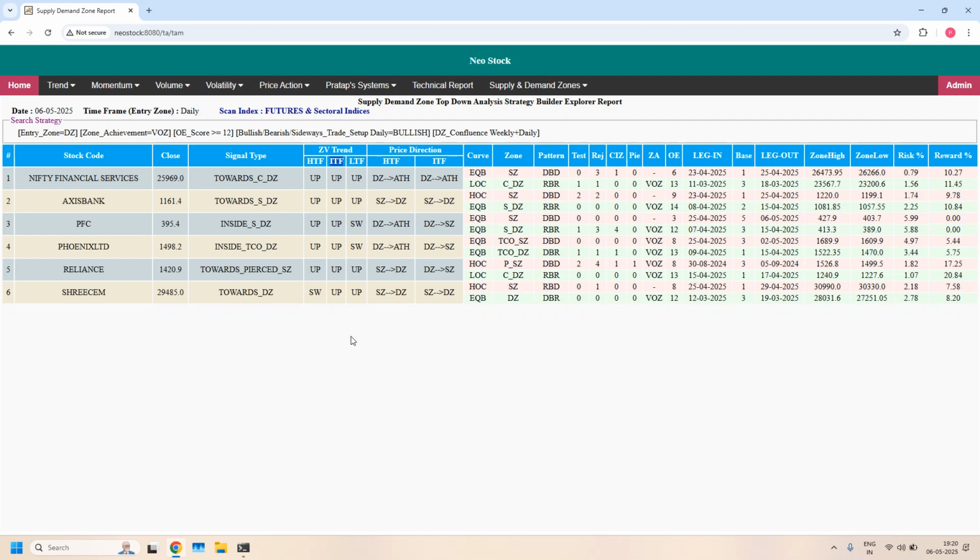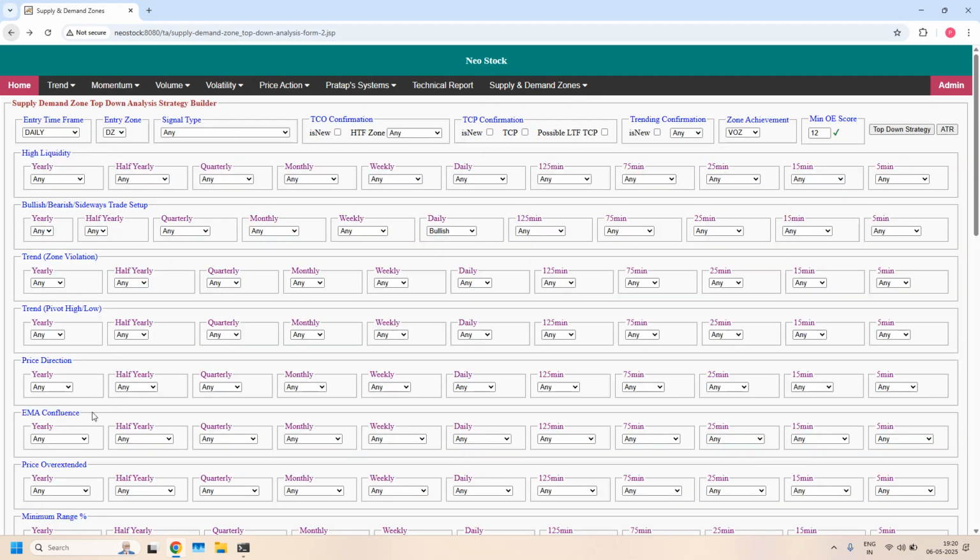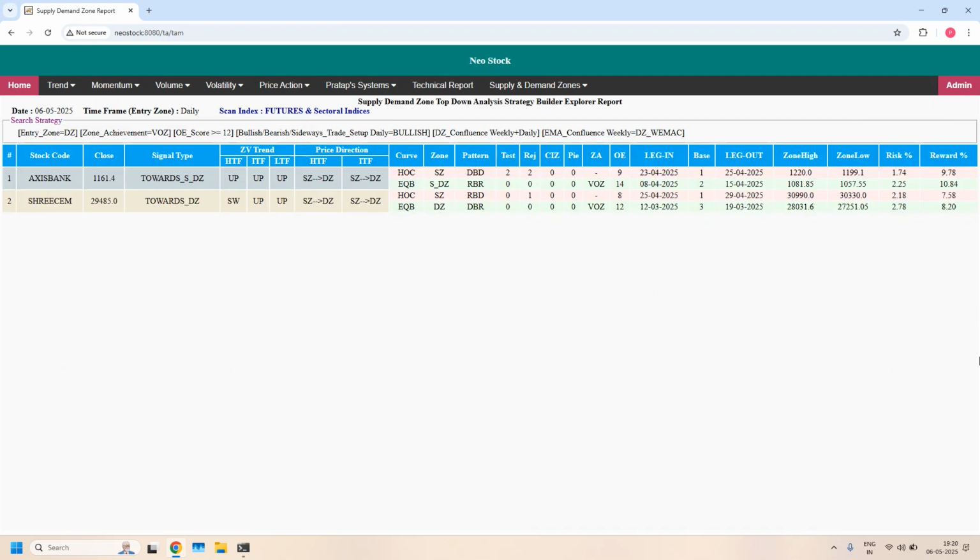Let us further filter this list based on weekly demand zone having weekly EMA confluence. Two stocks are filtered. That way these 2 daily demand zones are having more high probability to get success compared to the others, previous list.